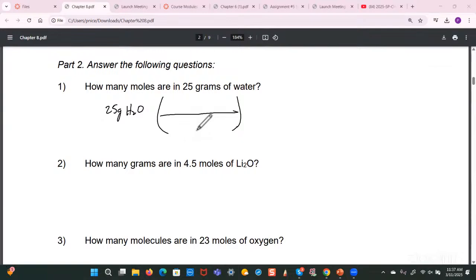What would be the denominator down here? And what would be the numerator above?